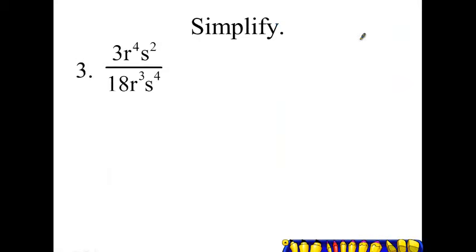Next example, I have 3r^4s squared divided by 18r cubed s^4. Let's simplify our coefficient first. 3 over 18 is 1 over 6. r^4 divided by r cubed. So we have to subtract the exponents, 4 minus 3.